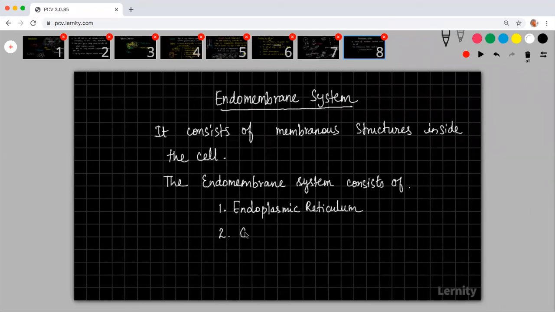Second one is the Golgi body. Third one is the lysosome. And the fourth one is the vacuoles. All these four parts, we call the endomembrane system.